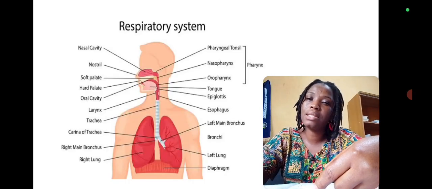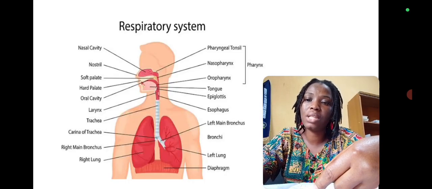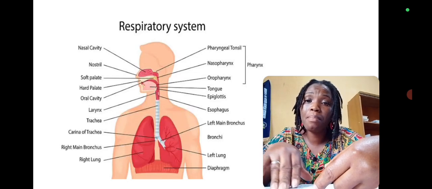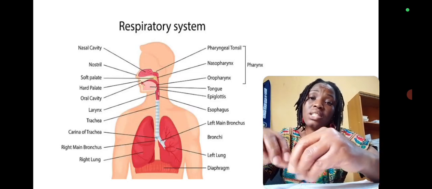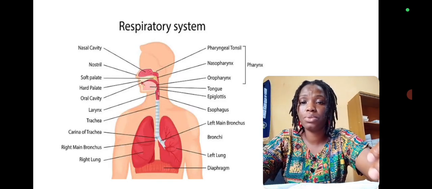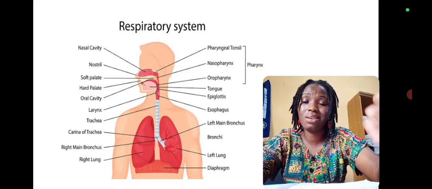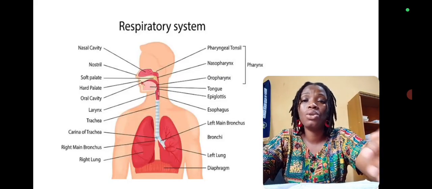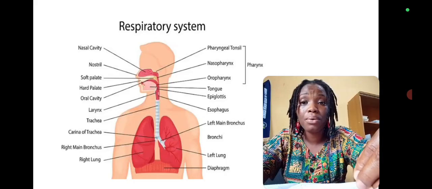Also, one important thing in this respiratory system is the diaphragm. The diaphragm is just a thin muscle. It helps during inhalation and during exhalation. So it's normal when you are breathing in and out.